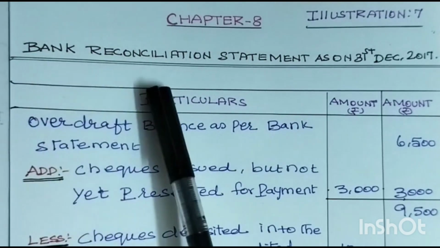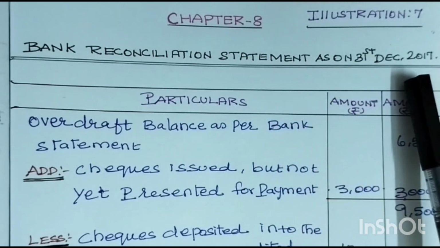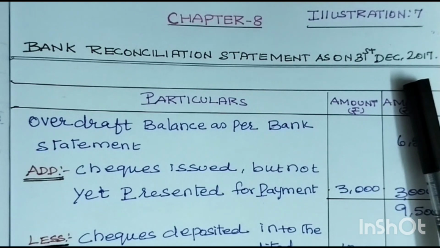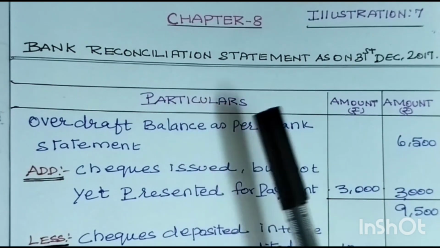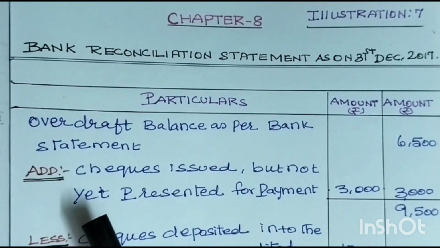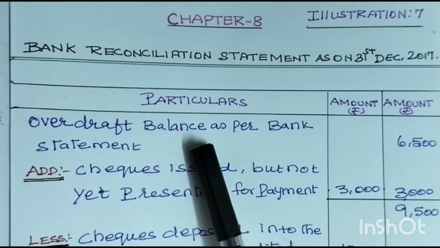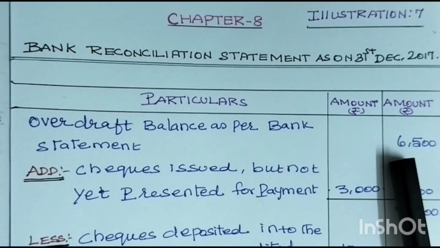So, bank reconciliation statement dated 31st December 2017 as given in the question, and you know there are three columns, that is particulars column, inner amount column and outer amount column, and you need to write the balance as per the question. So that is overdraft balance as per the bank statement rupees 6,500.